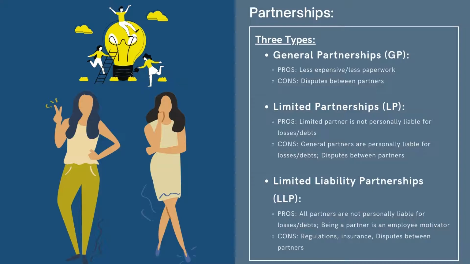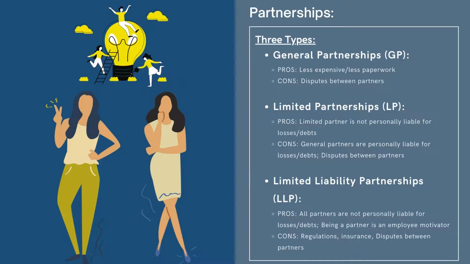The limited liability partnership, or LLP, provides shared ownership and shared management responsibilities while providing partners with protection from personal responsibility for business losses and debts. However, the cost and requirements for registering as an LLP varies a lot from state to state, depending on the business industry you're in.